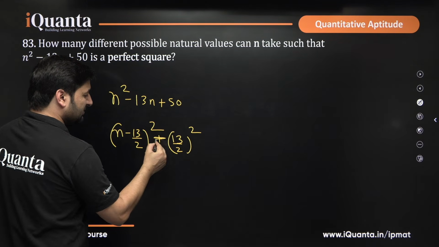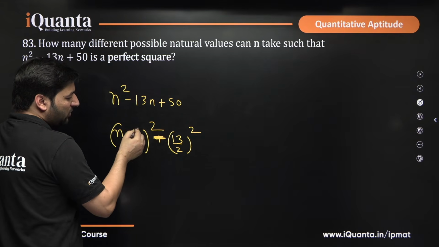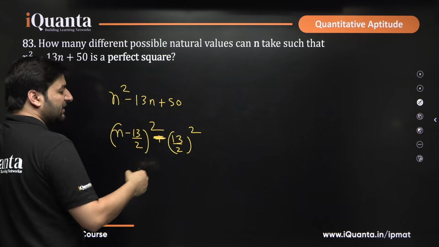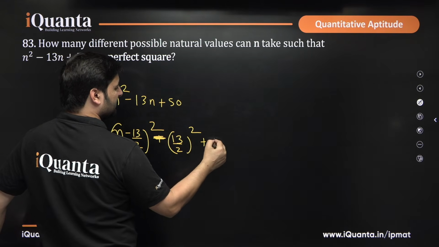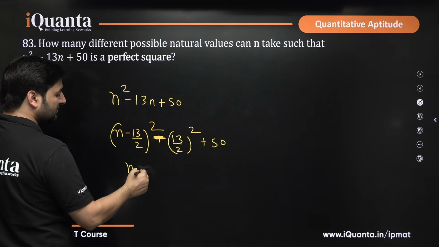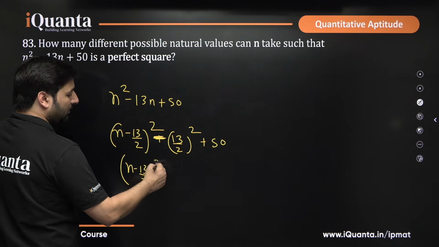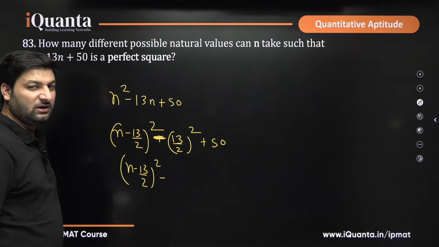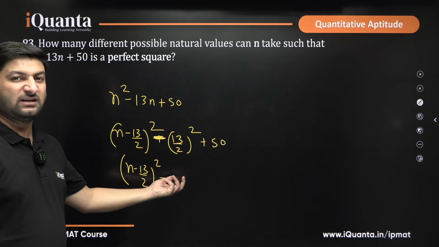That has to be cancelled with negative 13 by 2 square, and there was an extra 50 over here. What do you get? You get n minus 13 by 2 whole square, but here you get a very complex number. Okay, you cannot directly put values of n and check.